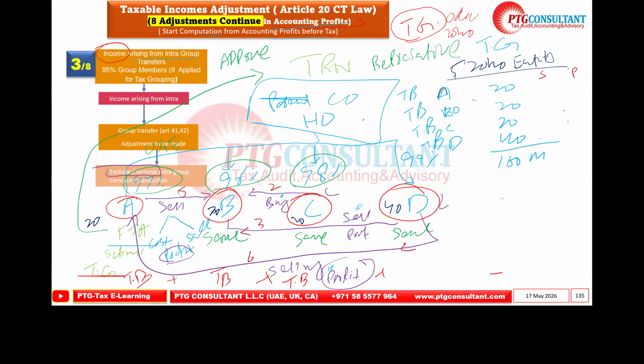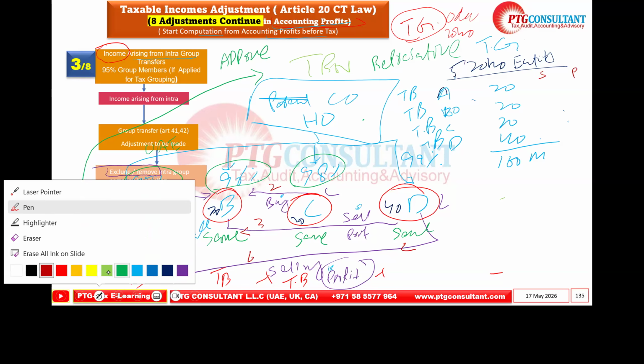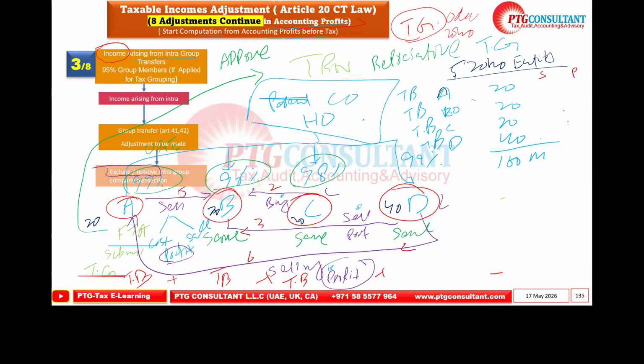A to B, how much do they sell? Here we said 5 million is a sale. So of course there will be 5 million purchase also, where the purchase is here, B.